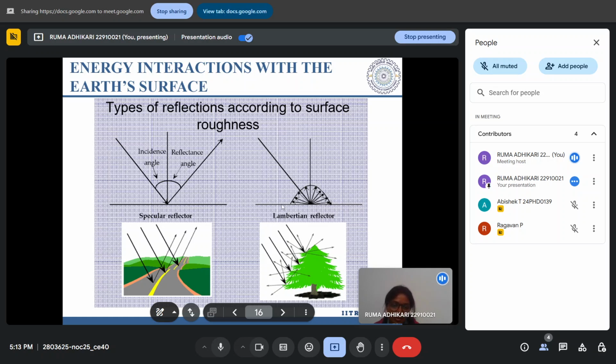Here it also shows specular reflection, but in reality, depending on the wavelength, the frequency and the sensor, diffuse scattering happens.